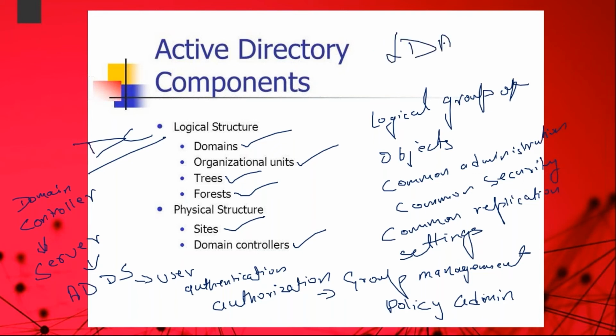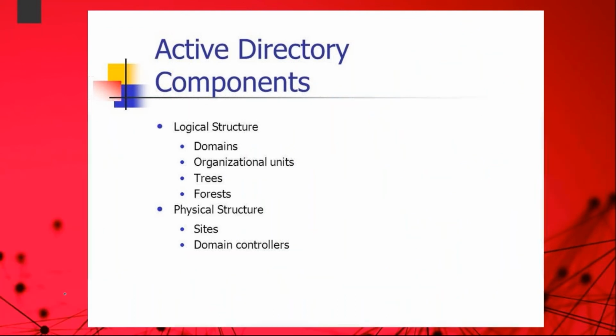So we have something with the name LDAP, right? I have heard that the primary access protocol for Active Directory is LDAP, which stands for Lightweight Directory Access Protocol. So what basically is LDAP?